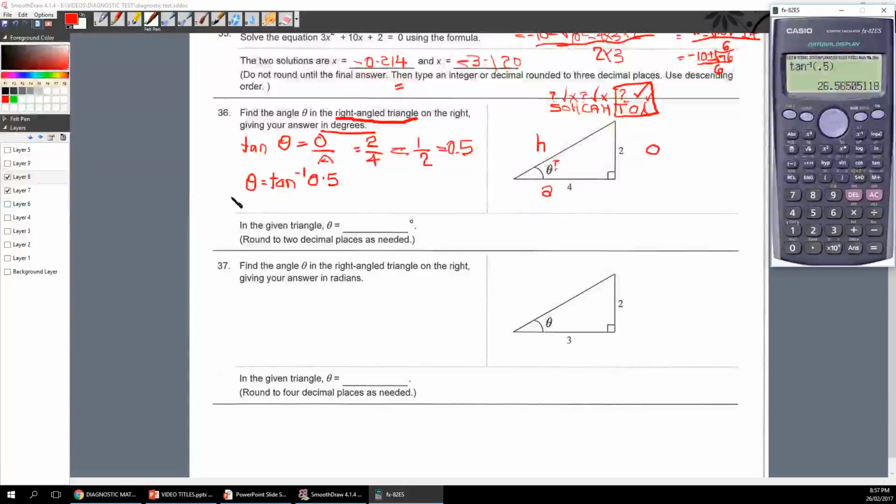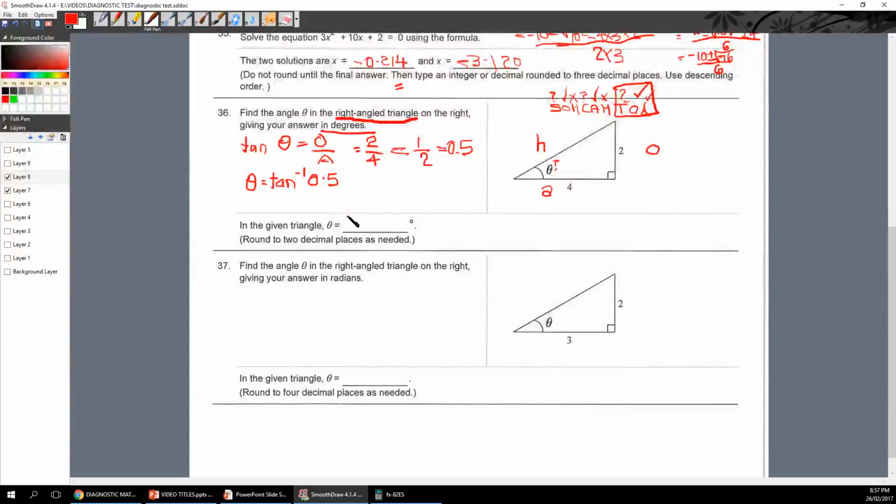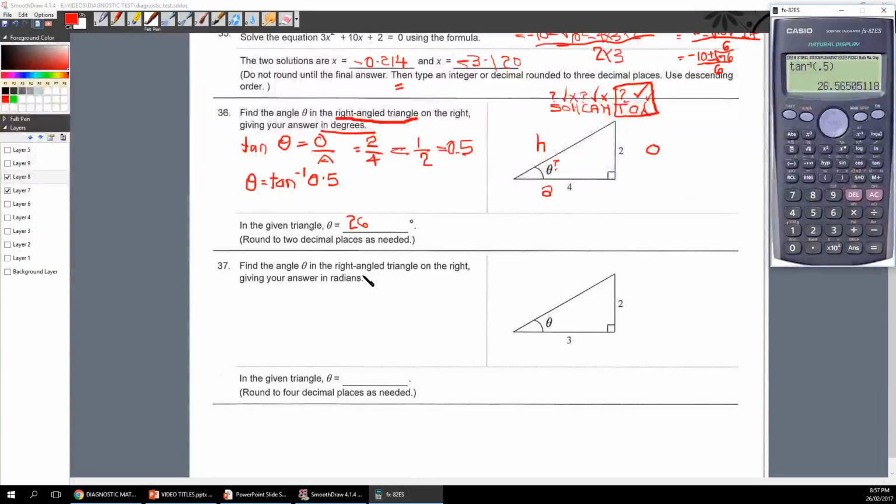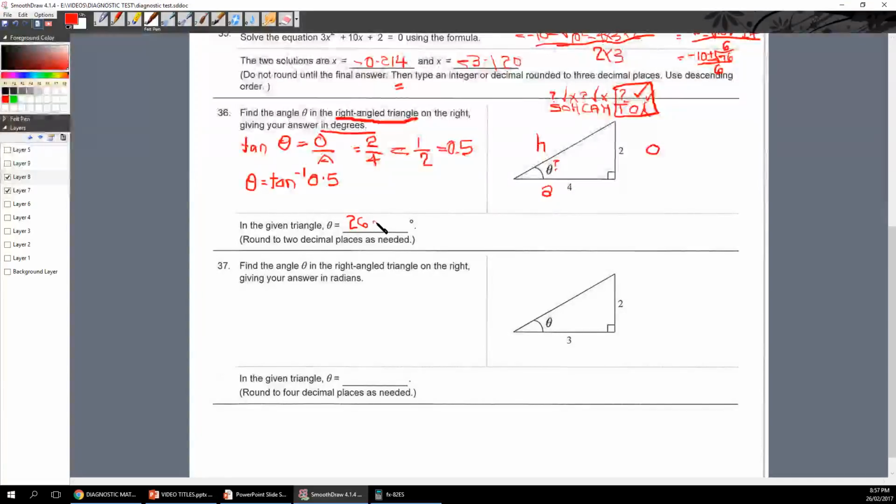Now that's degrees, I'm pretty sure. But we want it in 2 decimal places, so that's going to be 26.56 or 57 to be exact.